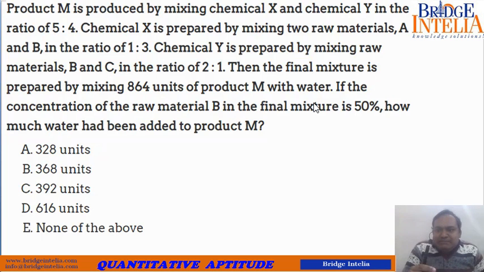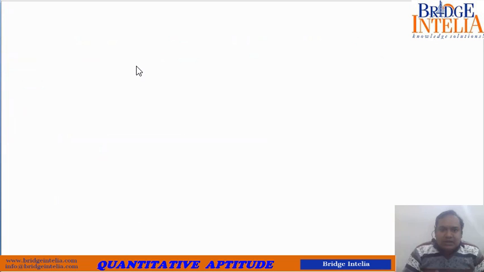A brilliant question. In fact, it is the best question that we have discussed so far. So let us understand what is going on. Now let us understand what is the data given in this question.